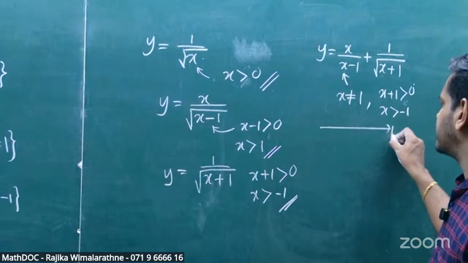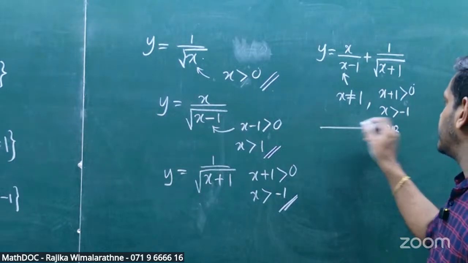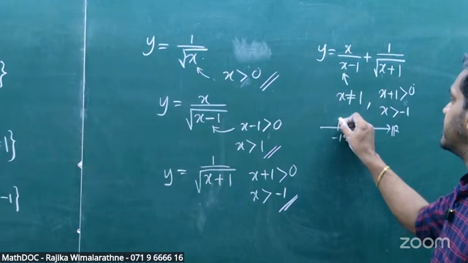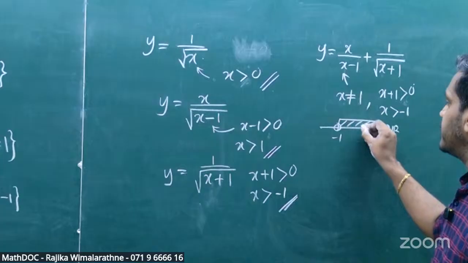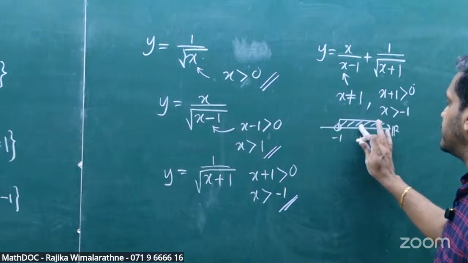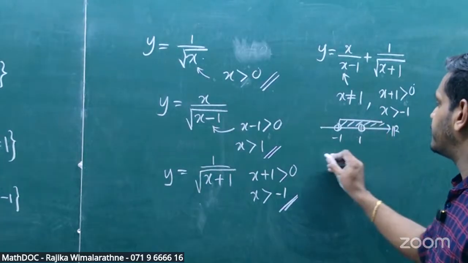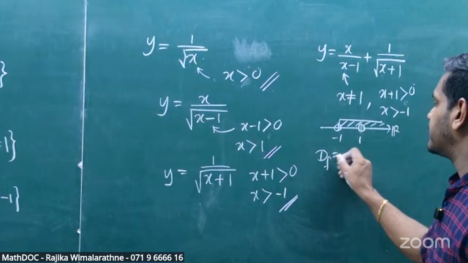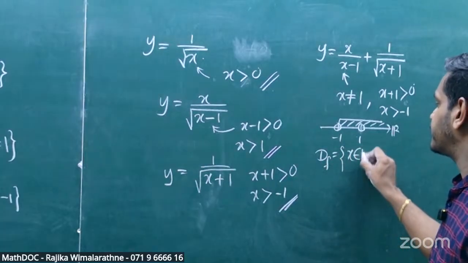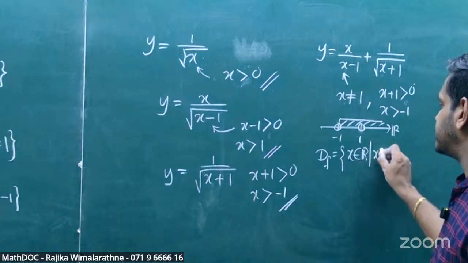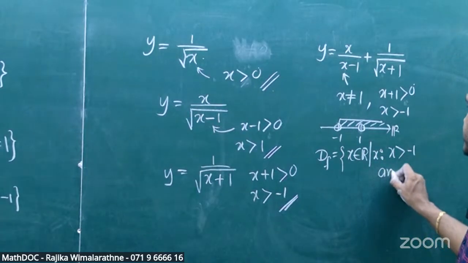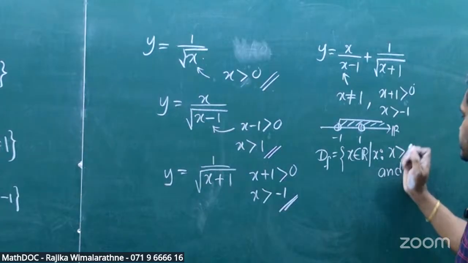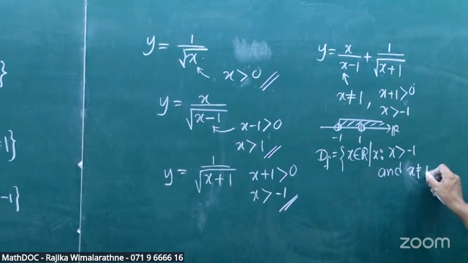You better mark that on a number line. Here minus 1, value greater than minus 1. But equal 1, you have to neglect. Make a hole here. Therefore, the domain, you better write: x element of the real numbers, x such that x greater than minus 1 and x not equal 1.